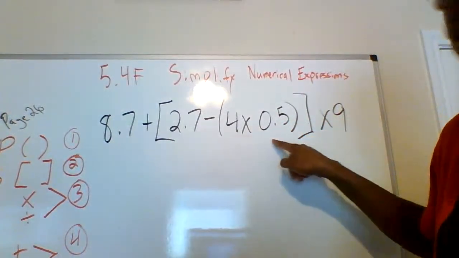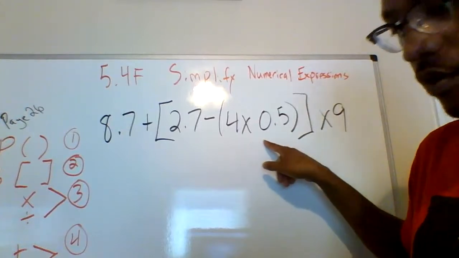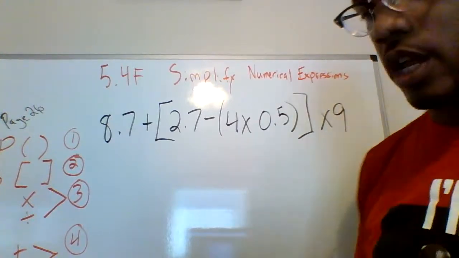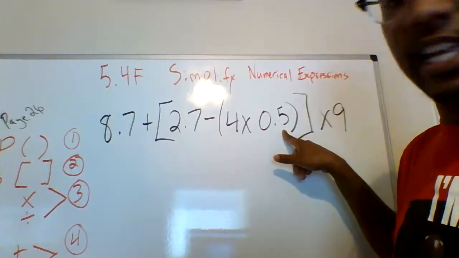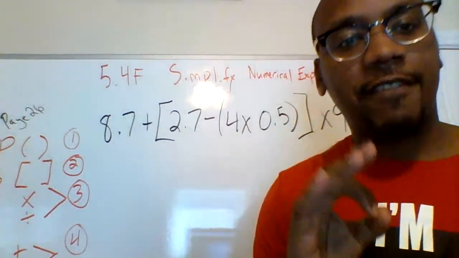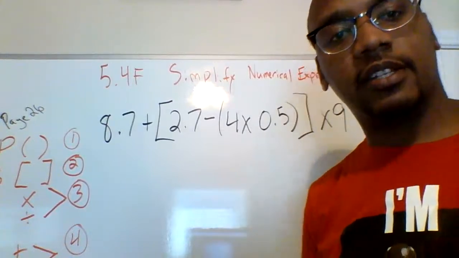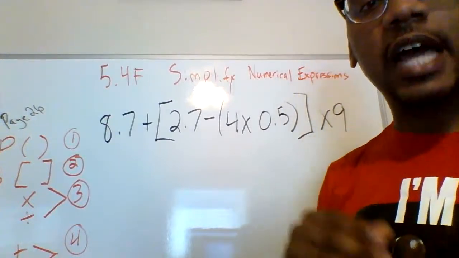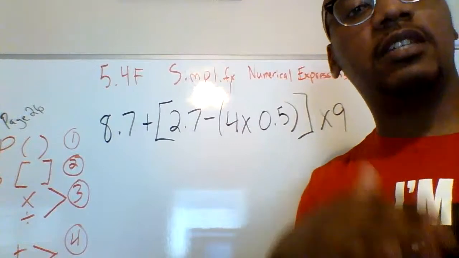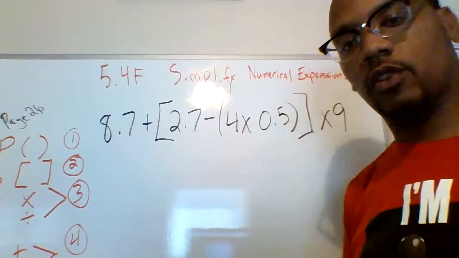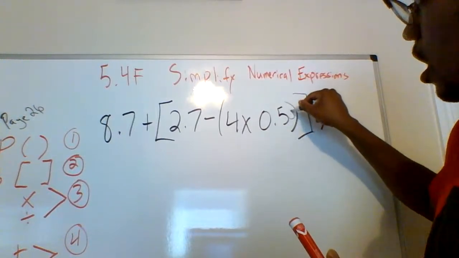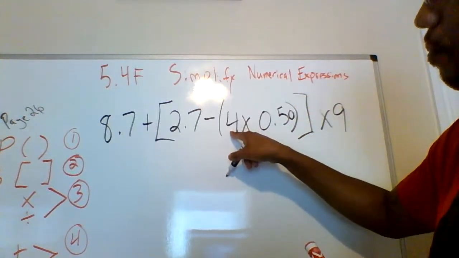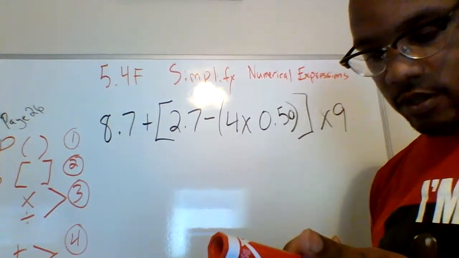So if I look, I have parentheses right here. 4 times 5/10, or that 5 is in the dimes place. So 4 times 5 dimes is the same thing as 4 times 50 cents. If I put a 0 behind it, that's like multiplying 4 times 50 cents.